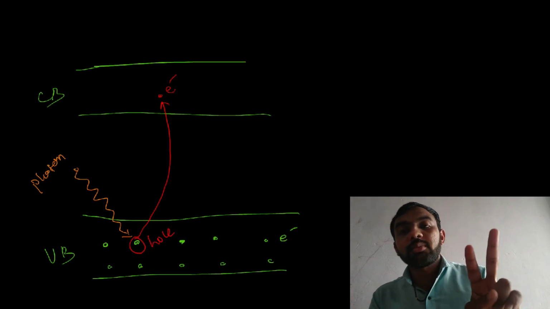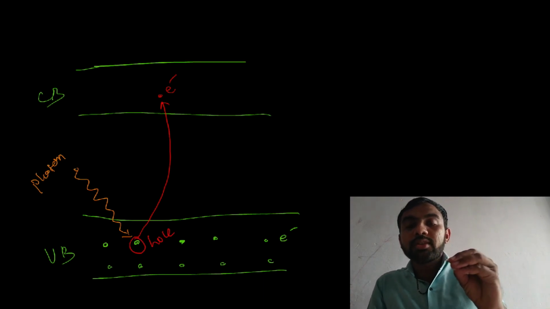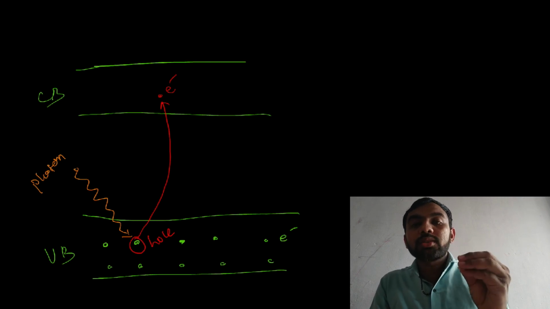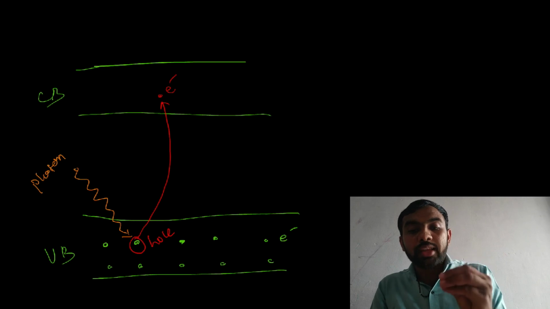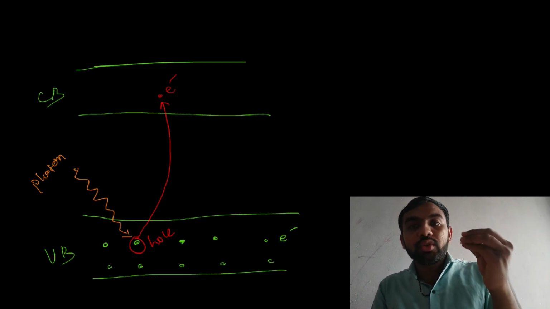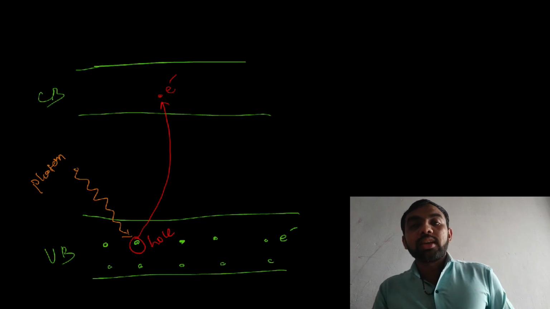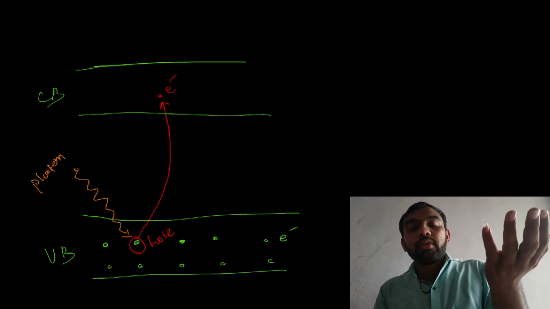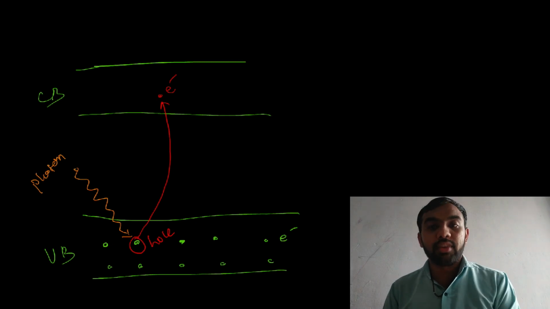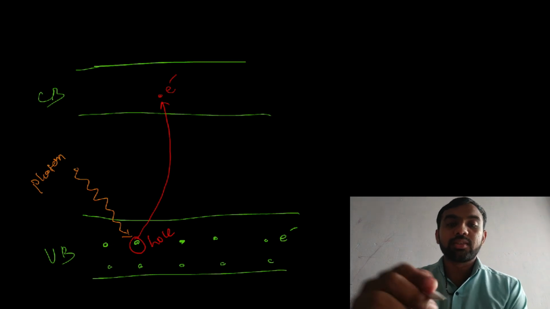So there is another, second method. If you give energy to the electron in the valence band by a photon, if you make some photon incident on the electron, then it jumps into the conduction band. Electron-hole pairs are generated. That is the second way. Okay, you must note this.